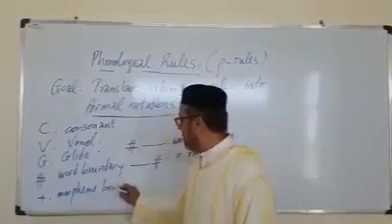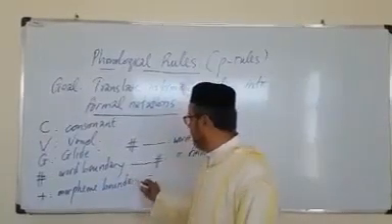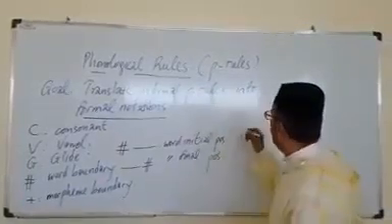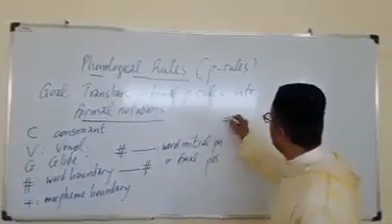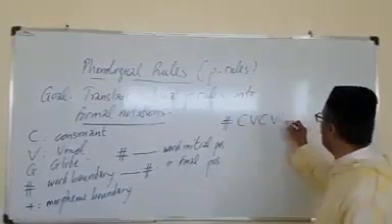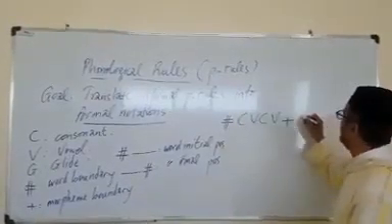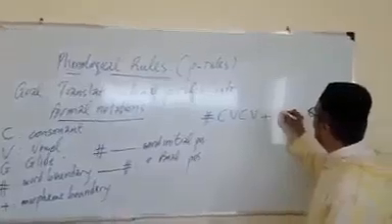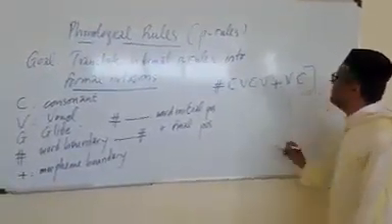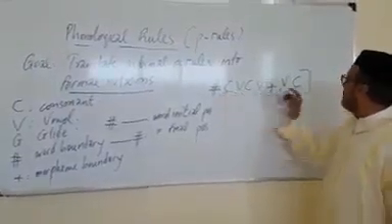So if we take, for example, a word like this, any word like C, V, C, and then we have, for example, V, C, that's the word.